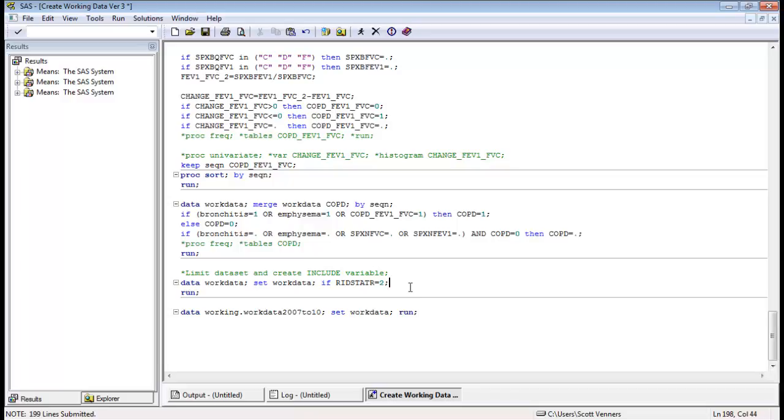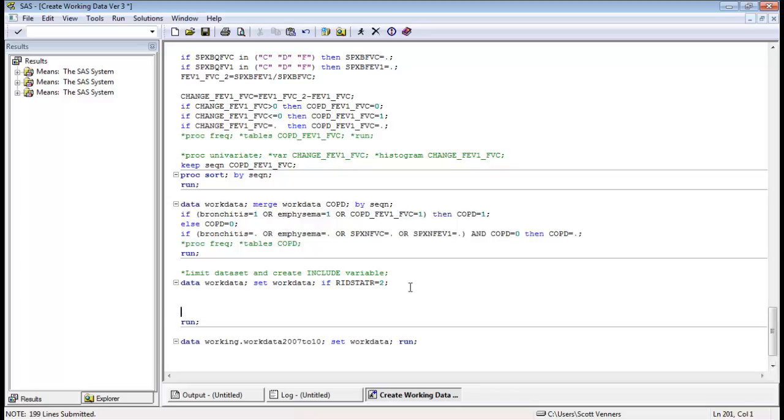You can take the weight variable out of that data set, and those individuals who have a non-zero value for the weight variable are the individuals who should be included in your data set.